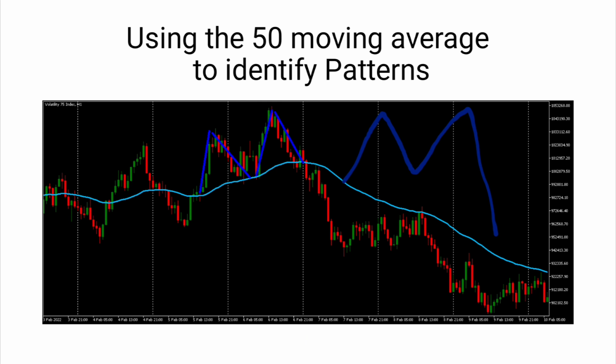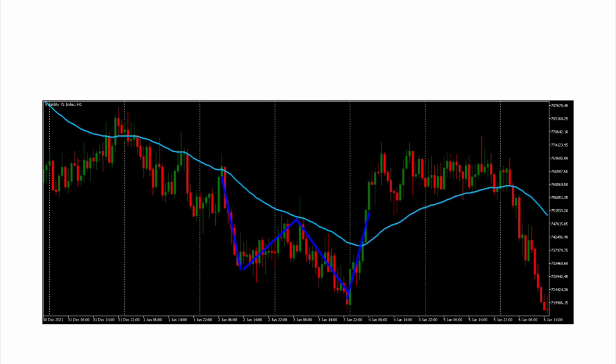There are plenty of them, but I like the 50 exponential moving average. So you've got price doing that. Price touches the 50, and then it goes up to the same level, and then it comes down. So this is an example of an M formation, or a double top, which you can use.